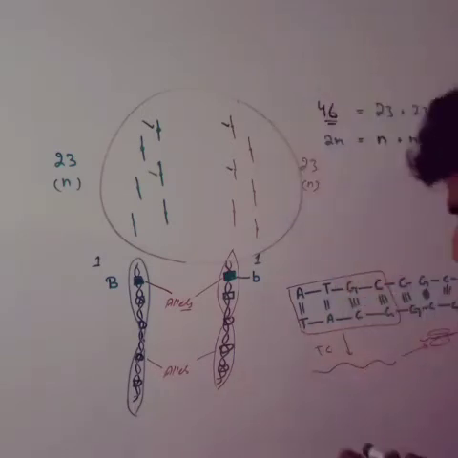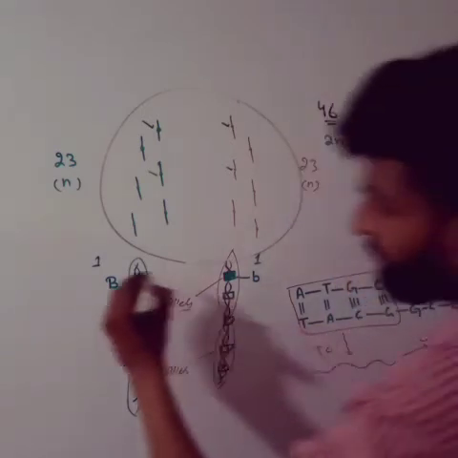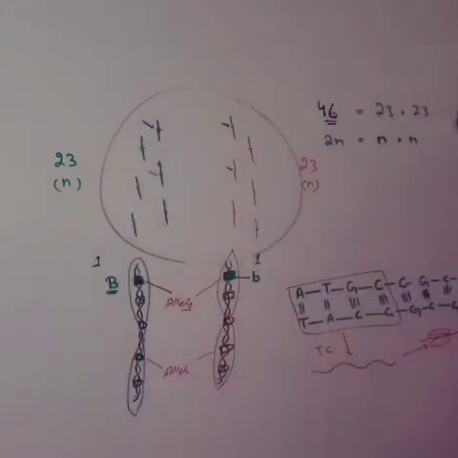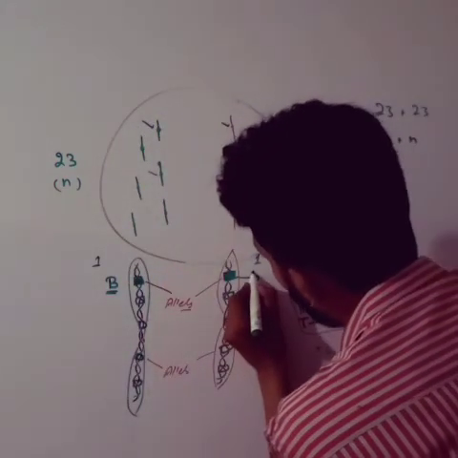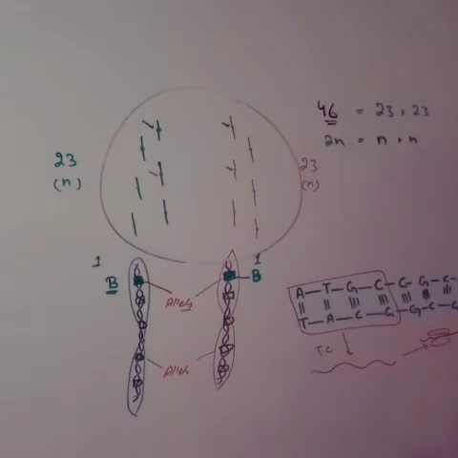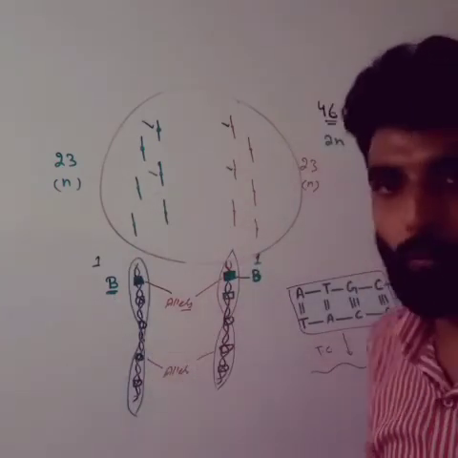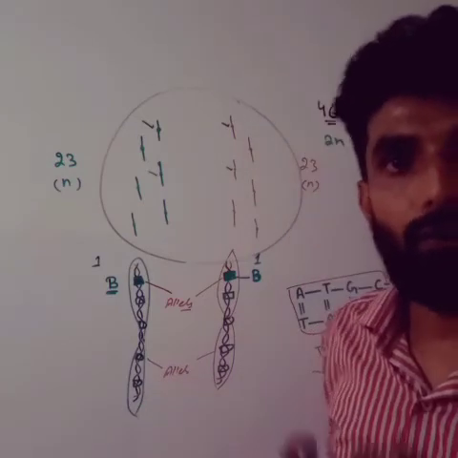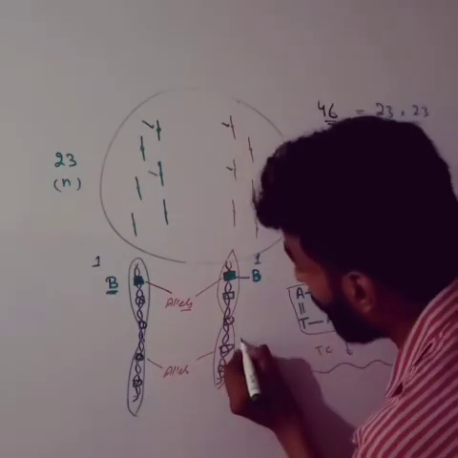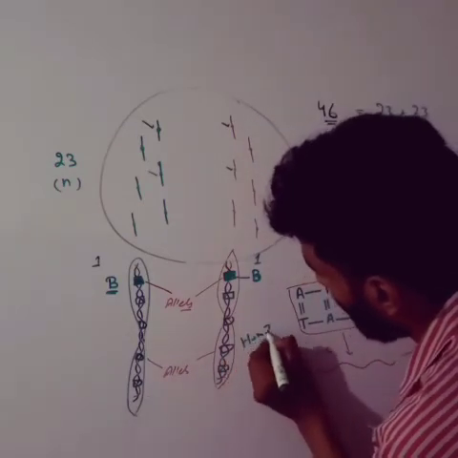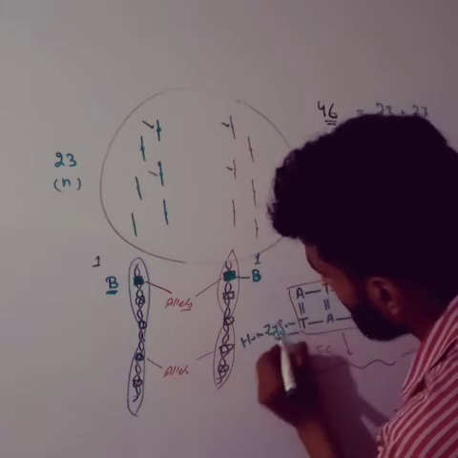But for example, if this gene codes for brown color and this gene also codes for brown color, now both the genes present on the homologous chromosomes are the same, and the organism will be called homozygous.